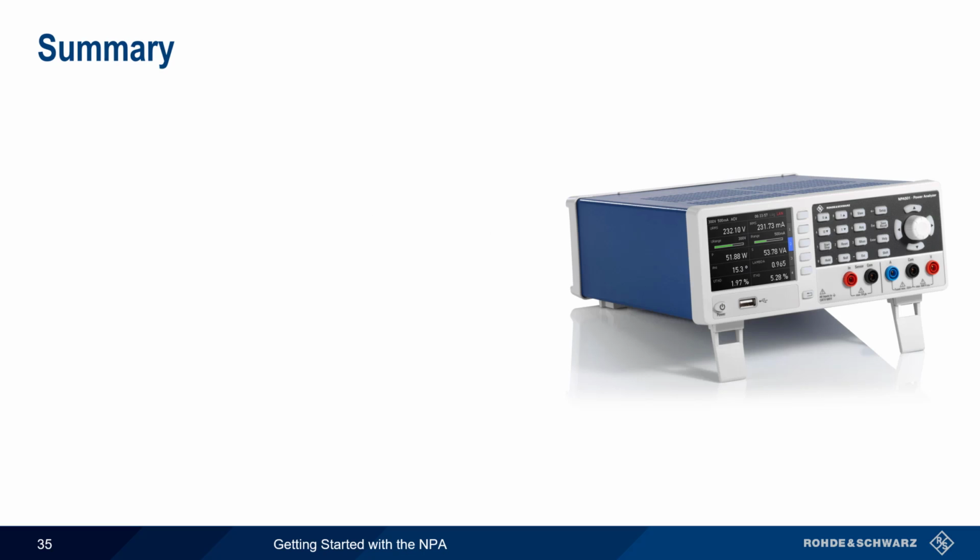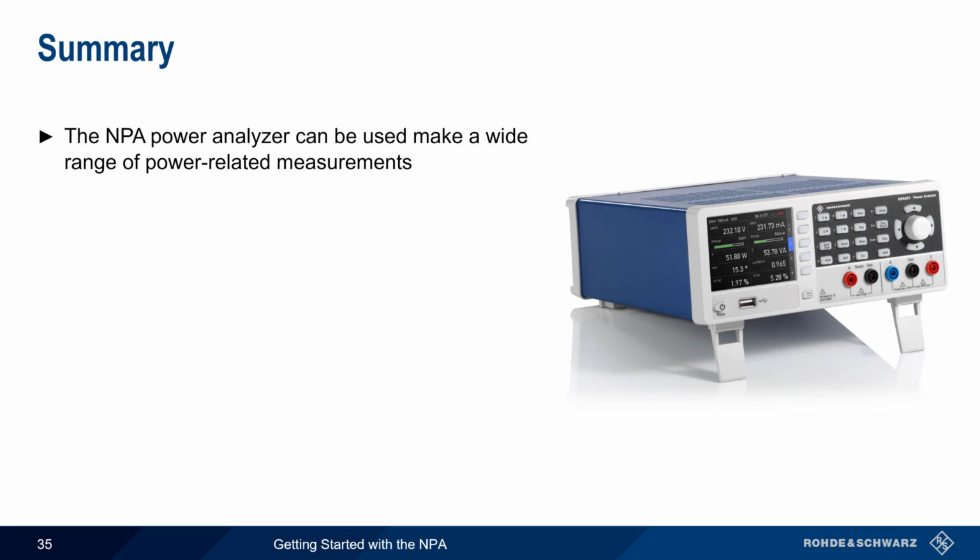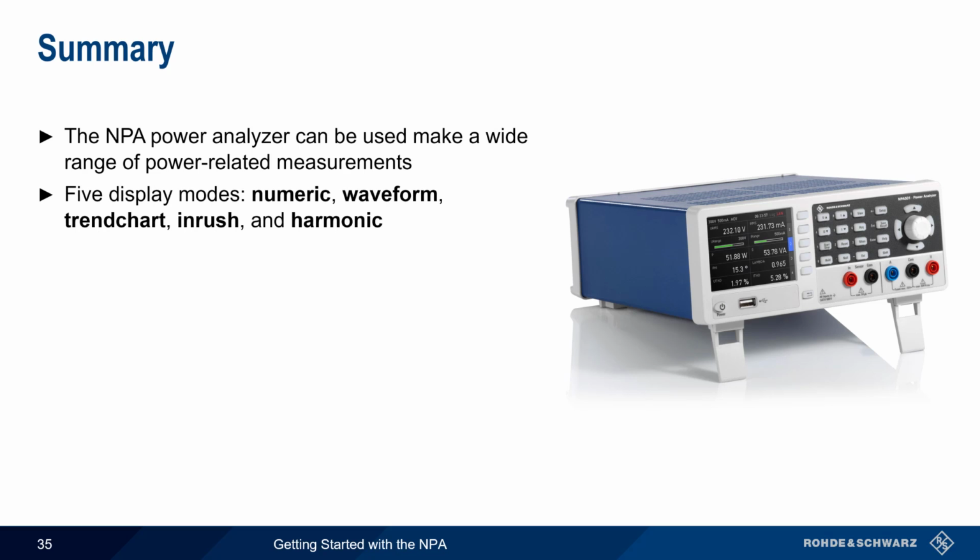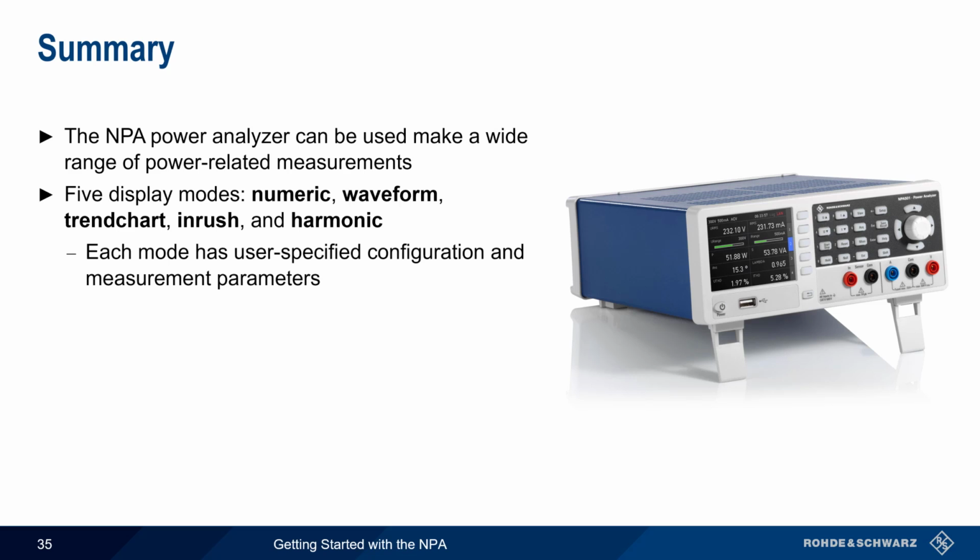Let's end with a brief summary. The Rohde & Schwarz NPA Power Analyzer can perform a wide range of power-related measurements using 5 different measurement modes: Numeric, Waveform, Trendchart, Inrush, and Harmonic. Each of these modes has user-specified configuration and measurement parameters that are entered and adjusted through the NPA's simple user interface.